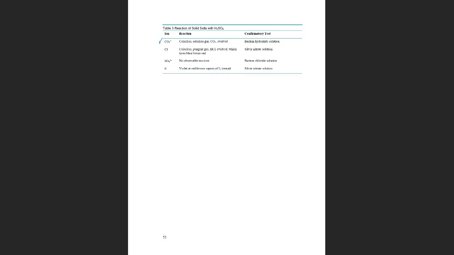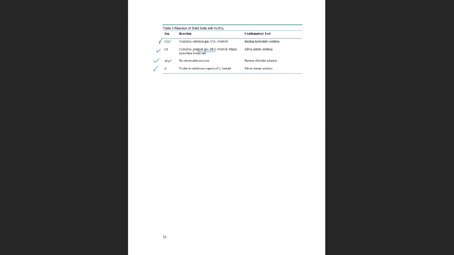If it's chloride, that gas that we mentioned that has a strong odor, hydrochloric acid. If it's sulfate, no observable reaction. And if you add sulfuric acid to iodide, you are going to observe violet or red-brown vapors of iodine formed.